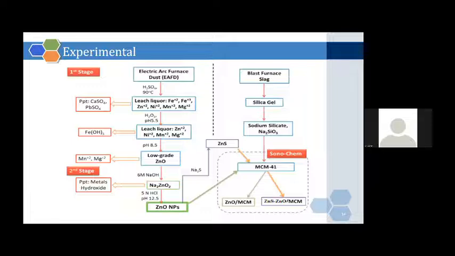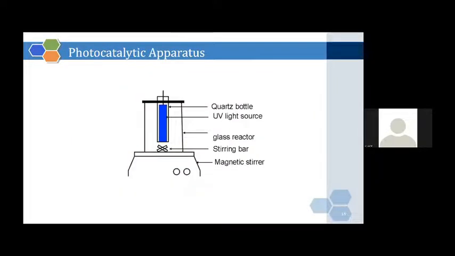This is a diagram explaining the preparation method. And this is the photocatalytic apparatus in which a UV lamp in a quartz jacket is immersed in a glass reactor containing the polyethylene solution.